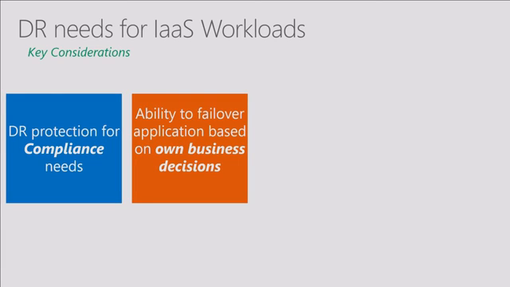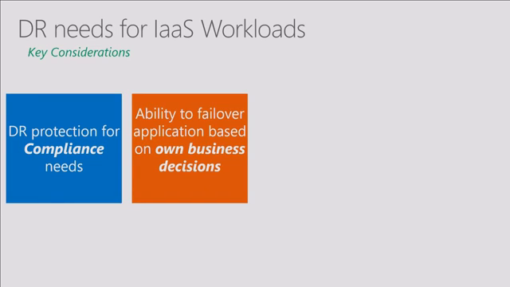I need the ability to fail over applications based on my own business decisions. I don't want somebody else to decide when I will do failover. I might have 5 applications, and each of them can have different business decisions, and I should be able to replicate, protect, and fail over them based on my business requirements.